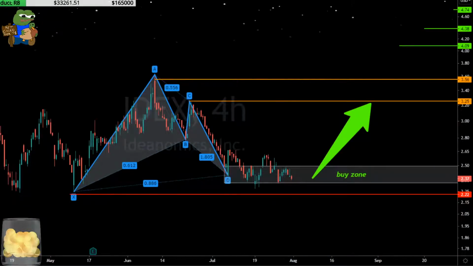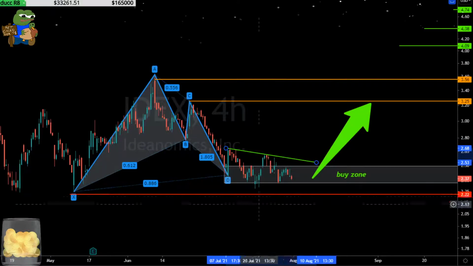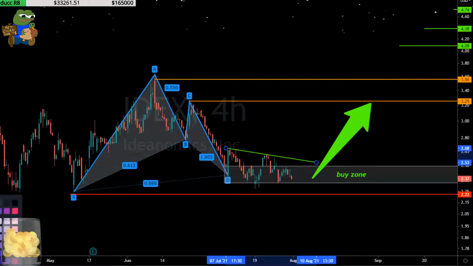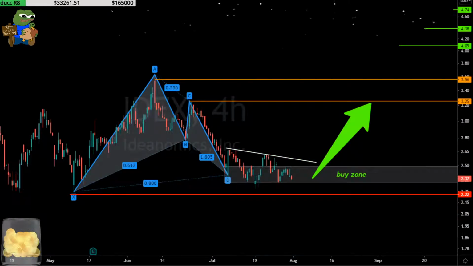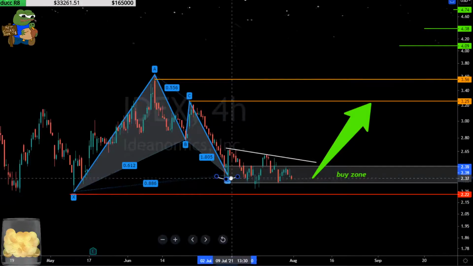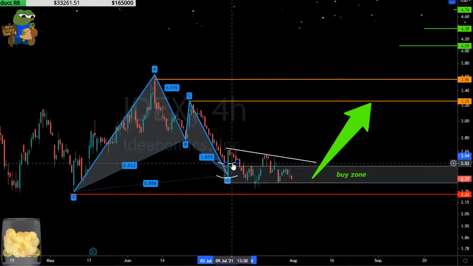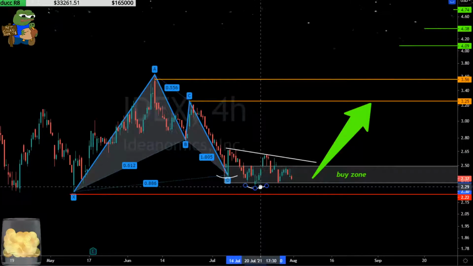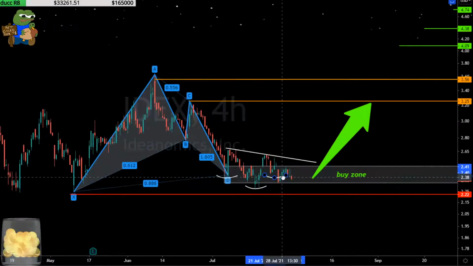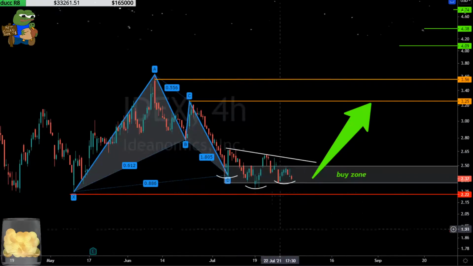So you have this almost complex inverse head and shoulders in development, where you have this initial low on price, then we have a lower low on price, and then we have a now higher low on price, slanted neckline.